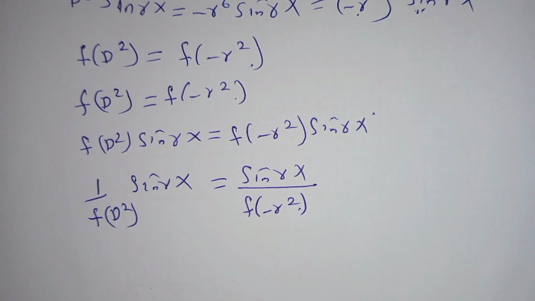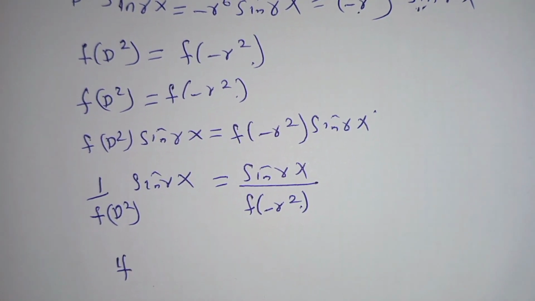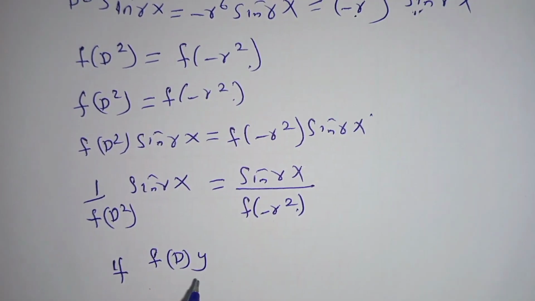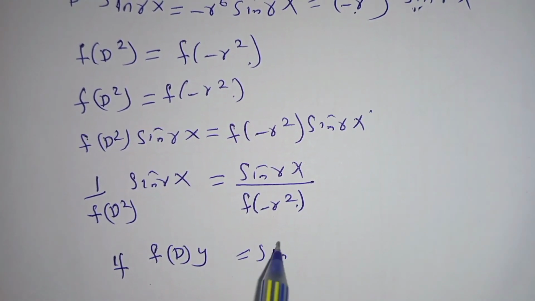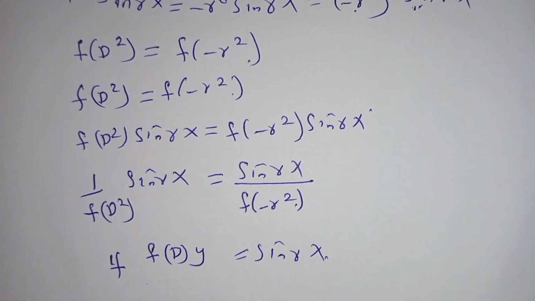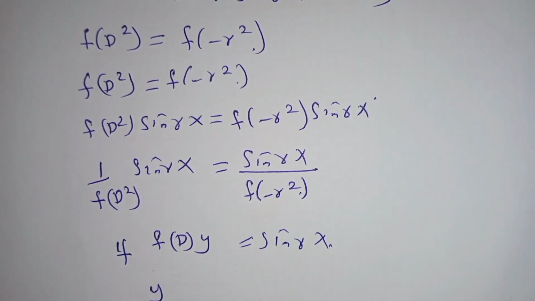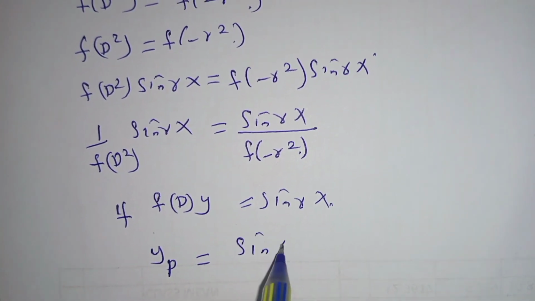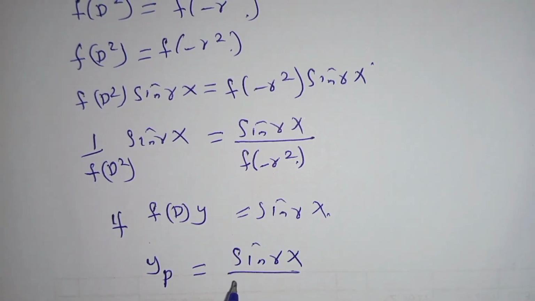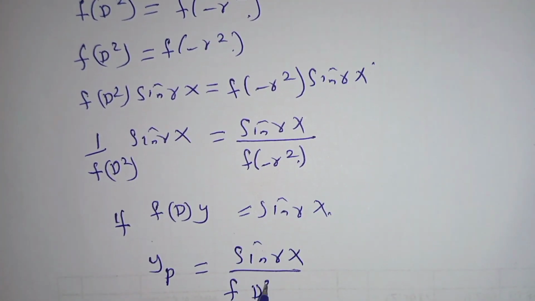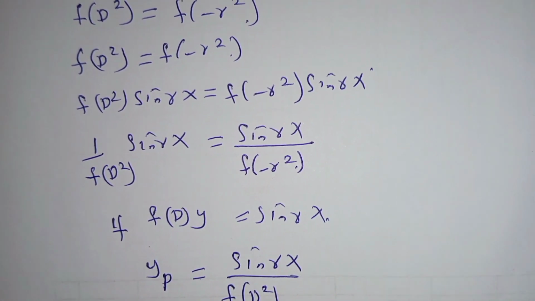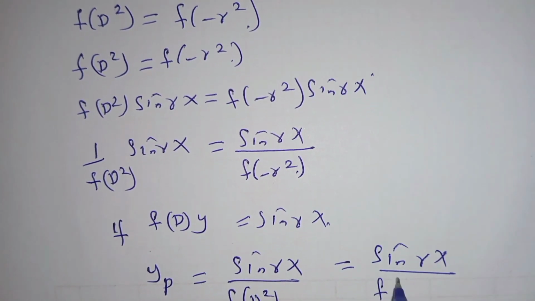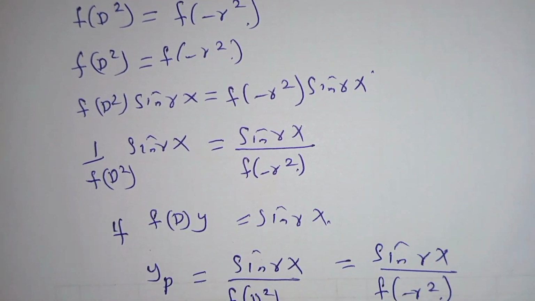So it means that if you have f of D y is equal to sine of rx, it implies that our particular part yp will be given by sine of rx divided by f of D squared, which is equal to sine of rx divided by f of negative r squared.